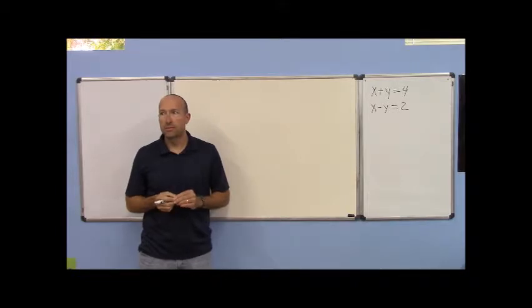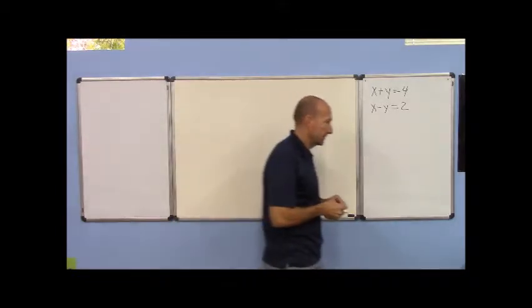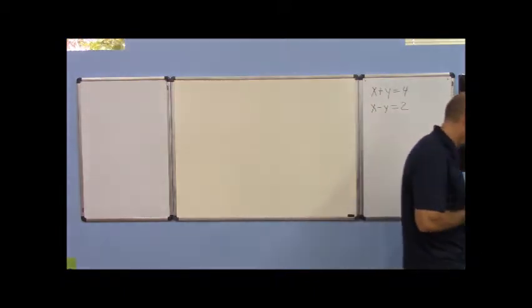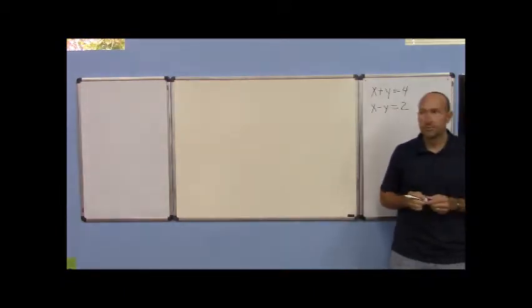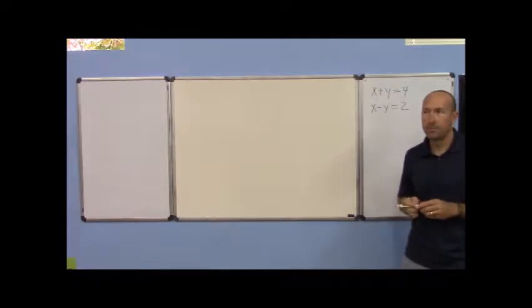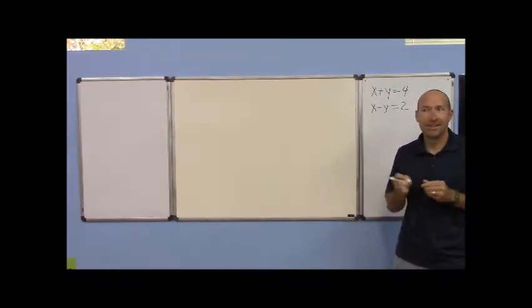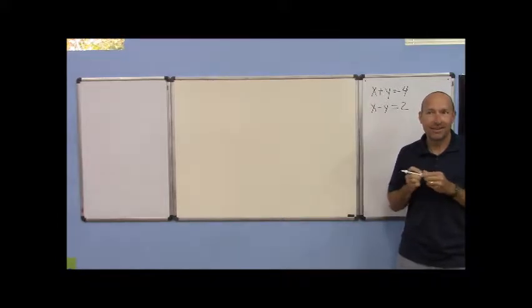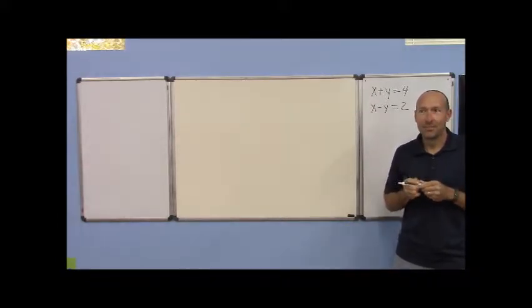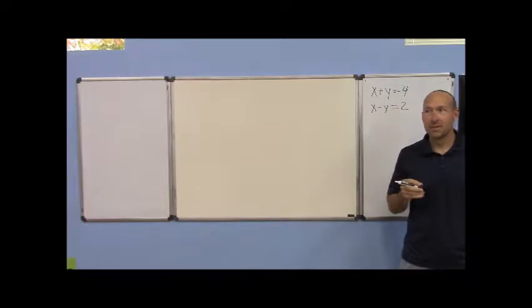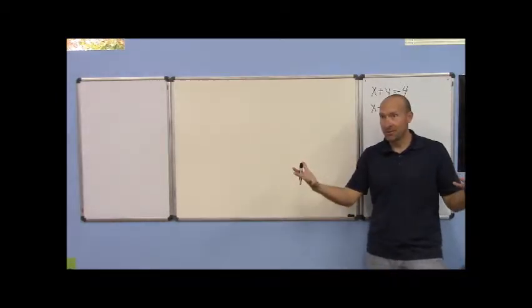Is that correct? Do we know what slope-intercept form is? Slope-intercept, do y'all remember that term? What's wrong with what I just said? Anybody? Should I have said it a different way? Does the word slope sound familiar? Does the word intercept sound familiar?